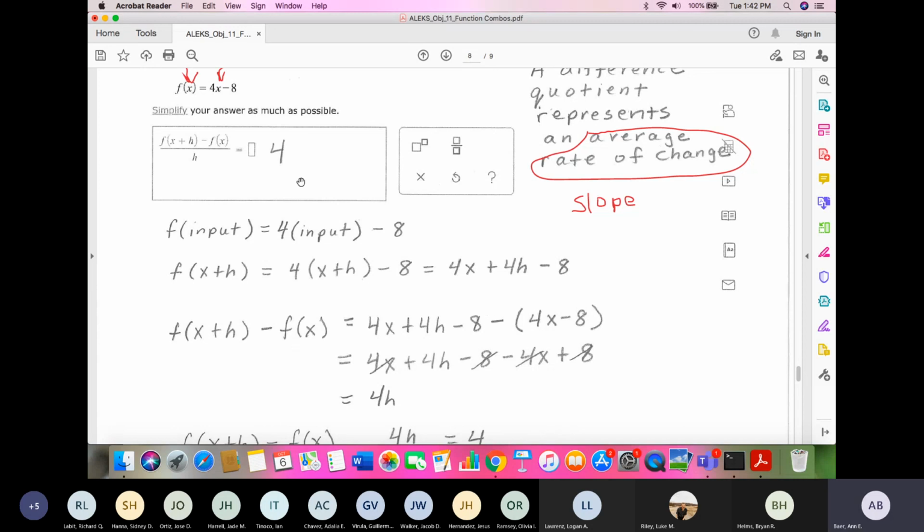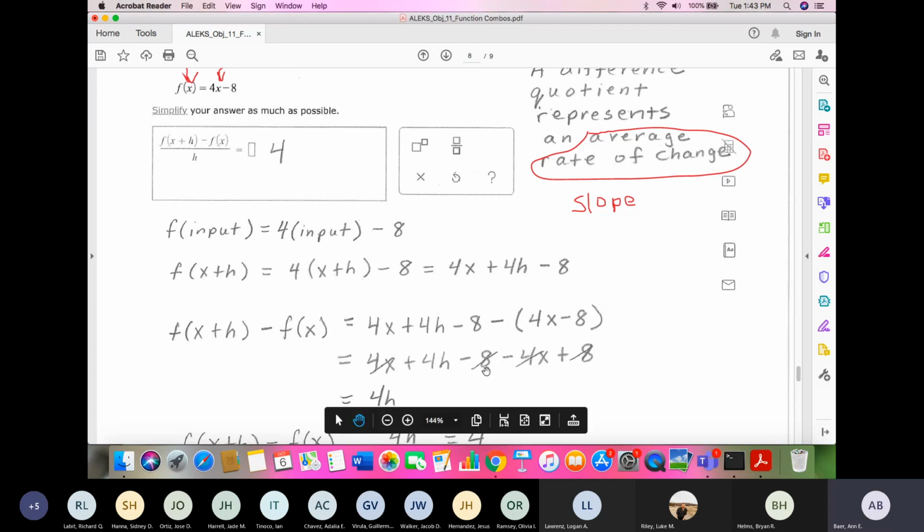What's f of x? It's just stated right here, 4x minus 8, in parentheses, because you have to subtract off both this 4x and this negative 8. You want to make sure you get your signs correct, and that's the reason it's in parentheses. Now let's see if there's anything we can do.